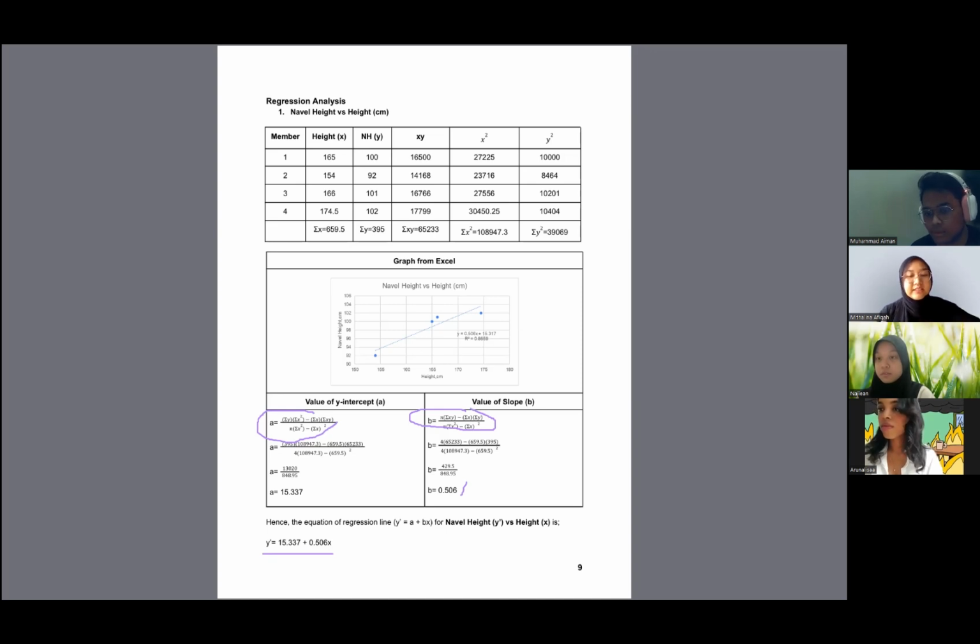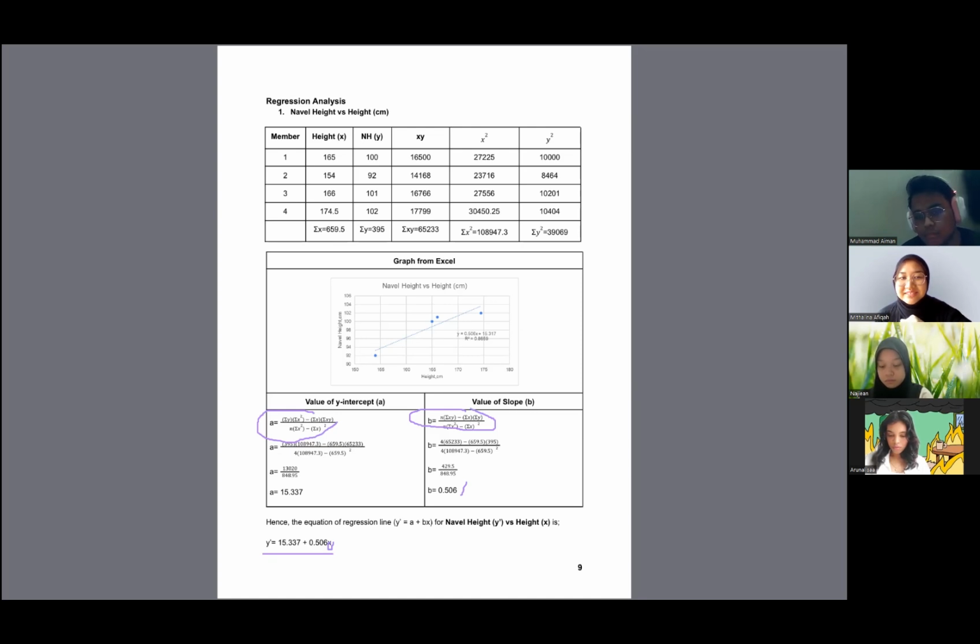What the equation explains is that when the x value, which is our height value, is 0, the y prime value is expected to be 15.337, and when the x value increases by 1 unit, our y prime value is expected to increase by 0.506 units. It goes the same with the other regression analyses, the other relationships.